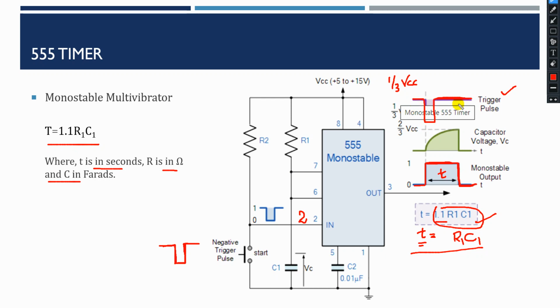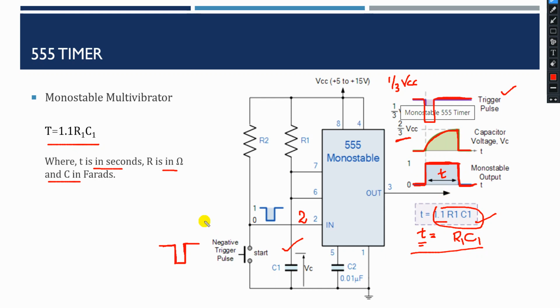When I give a low triggered pulse, your capacitor, where is your capacitor? This is C1. Your C1 starts charging. Slowly it will start charging until it reaches 2/3 of VCC. Until it reaches 2/3 of VCC, your output starts rising and it remains high until your capacitor starts discharging.